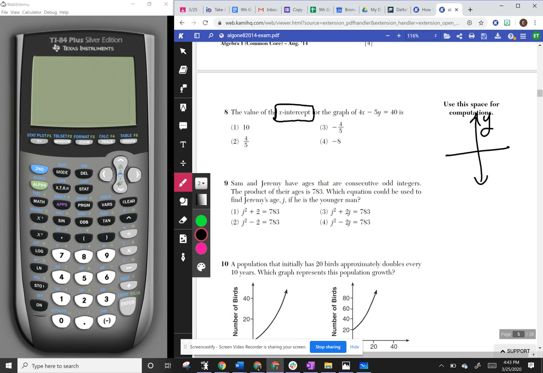We have our y-axis, and we have our x-axis. A y-intercept is when the point crosses the y-axis, like that green point there. Let's say that's the point (0, 2). So a y-intercept is going to have an x value of 0.